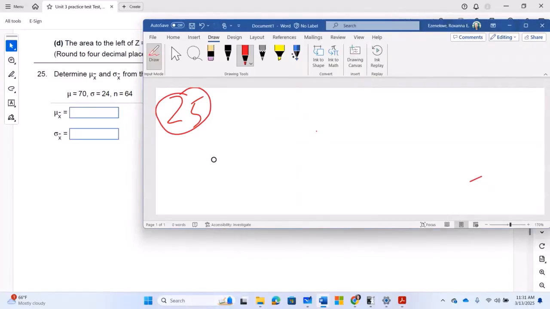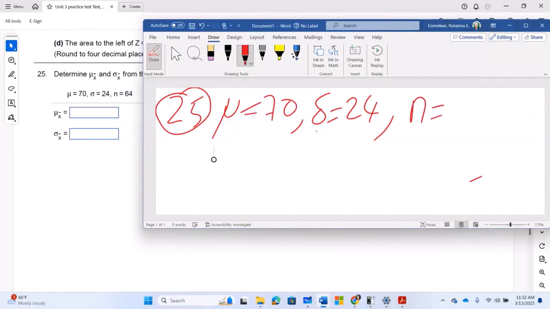We're given that the mean of this data, mu, is 70, the standard deviation is 24, and the sample size is 64. The first question, A, is to find mu x bar.